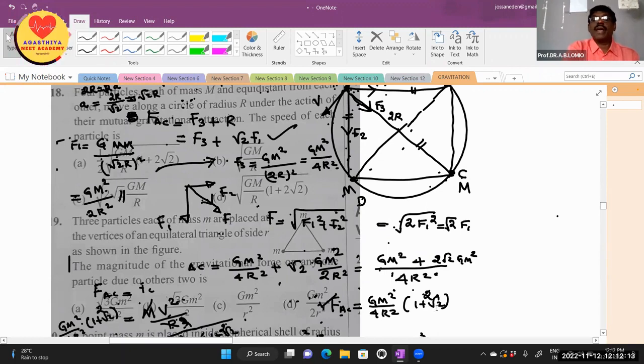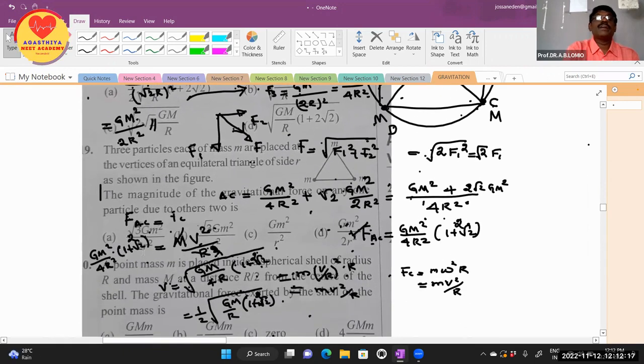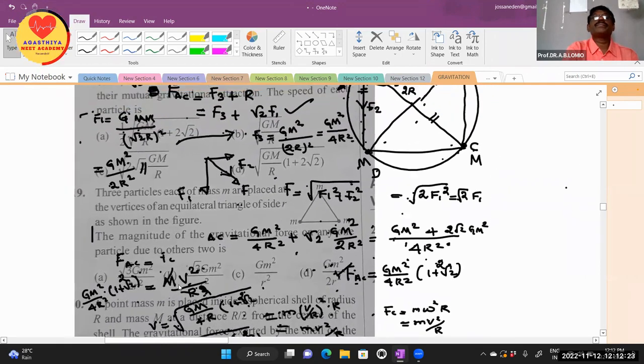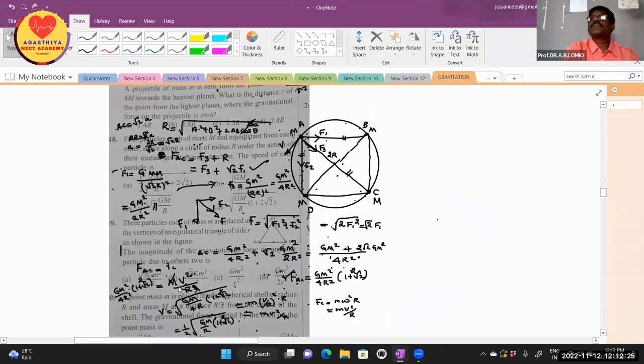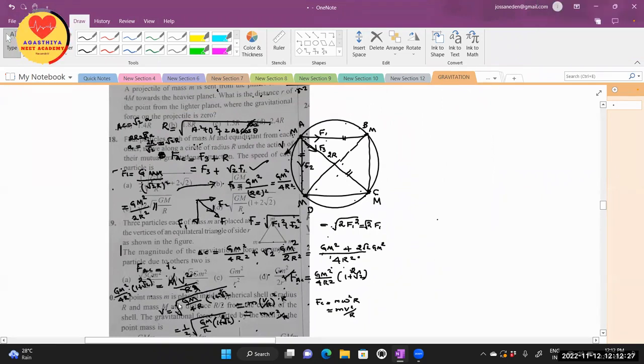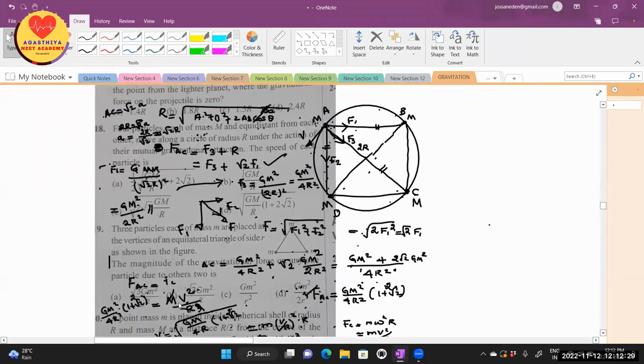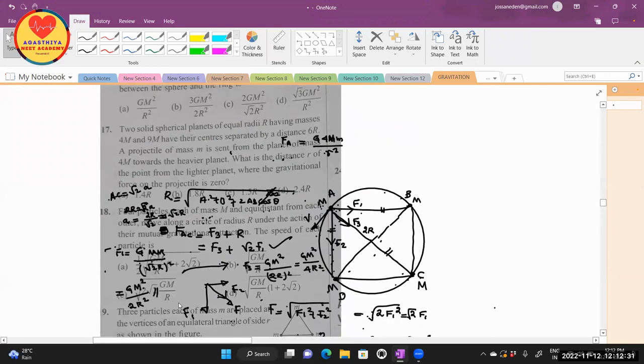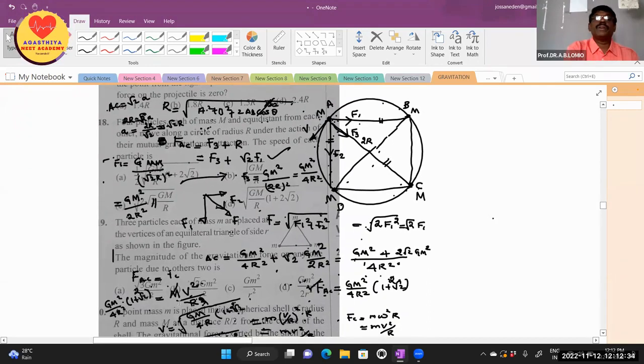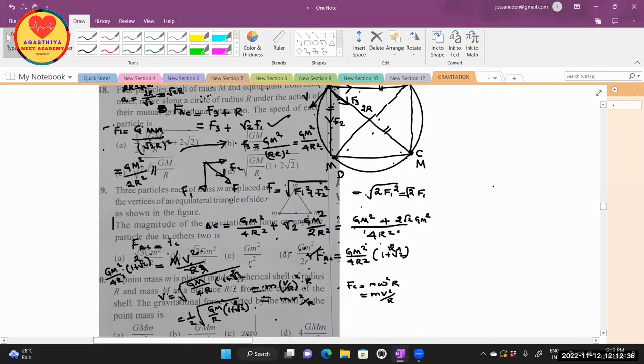This total force acting on A is equated with the centripetal force to find the velocity. Okay. Tharun, understand? Yes, sir. Kindly copy this. This is an important problem.